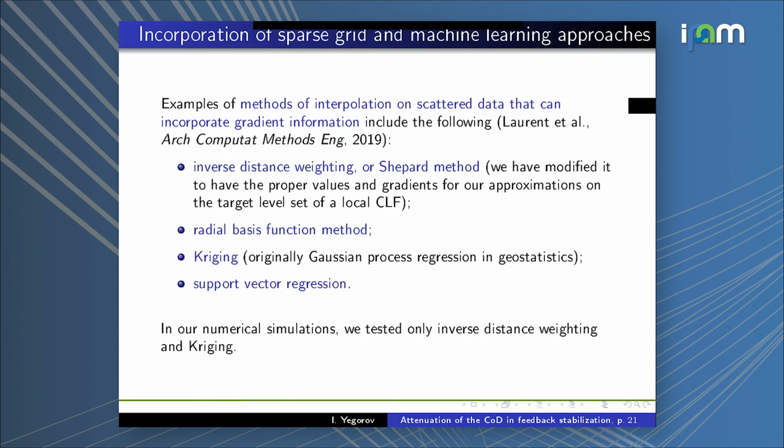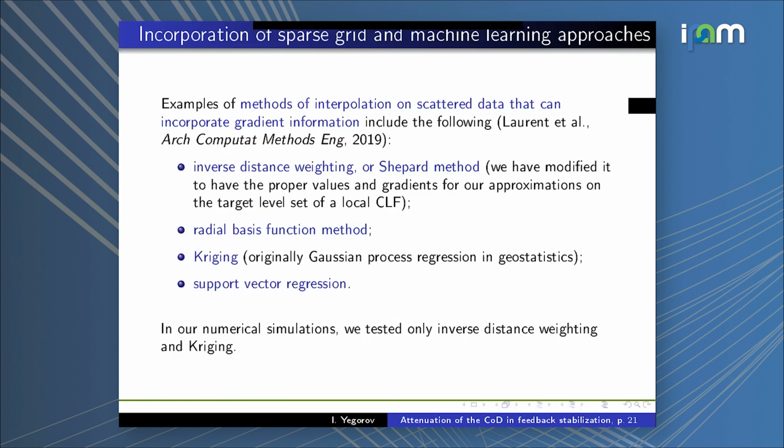For our simulations, we have modified it to have the proper values and gradients for our estimates on that level set of the local control Lyapunov function. Our modification works only if the local control Lyapunov function is quadratic. But if we use linearization for the construction of the local control Lyapunov function, it will indeed be quadratic.